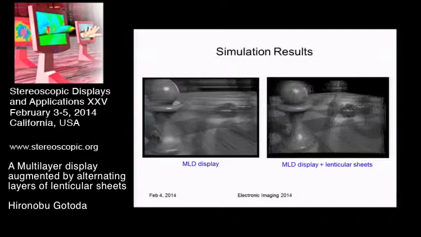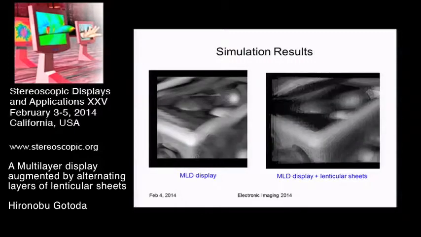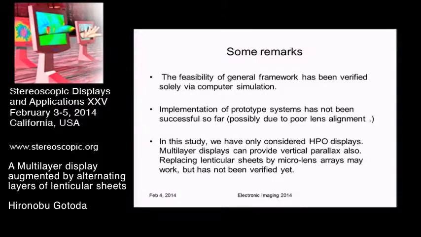So in general, image quality in some portions of the conventional multilayer display is superior to the extended multilayer display, but some peculiar phenomena can be avoided by the extension. But unfortunately, the current research status is that I have done only computer simulation.